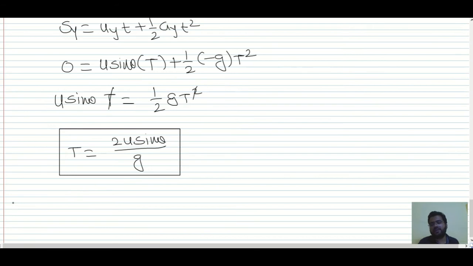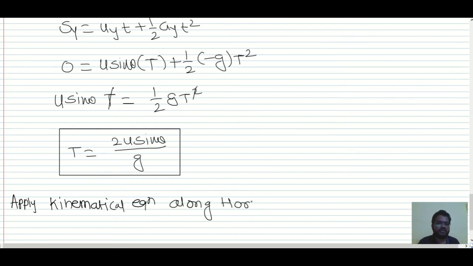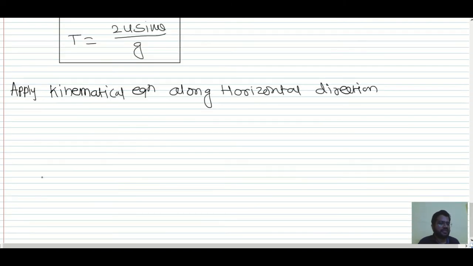So if I apply kinematical equation along the horizontal direction, then the range, we can write capital R, is equal to u cos theta into time of flight.